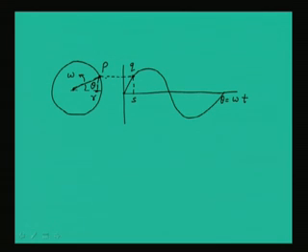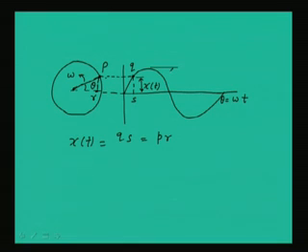So, this particular distance is x(t) at a particular time. x(t) is qs, and that is also equal to pr.